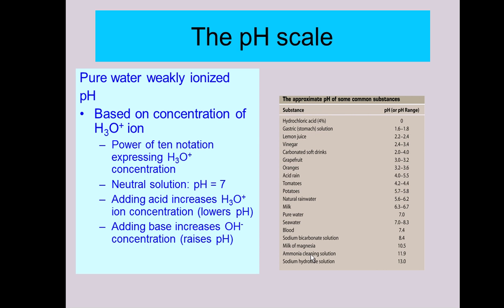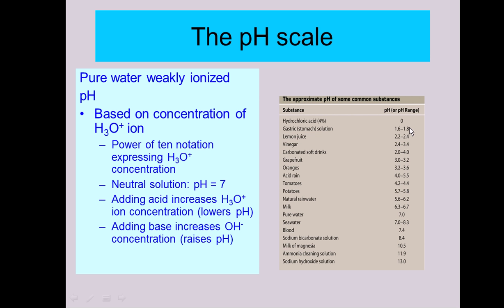So you can see here, this is the pH scale, and these are a lot of things which we use in our daily life, like your lemon juice. It's acidic, it's sour in taste. Its pH is around 2.2 to 2.4. Then our gastric juice, which has HCl, its pH range is 1.6 to 1.8.